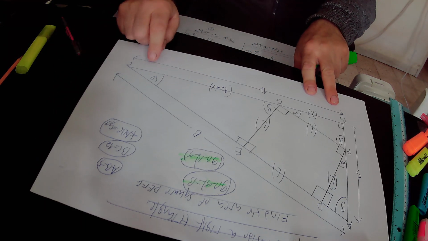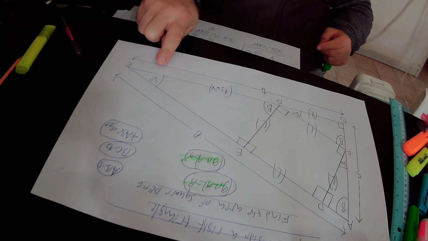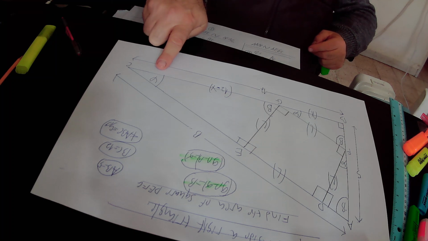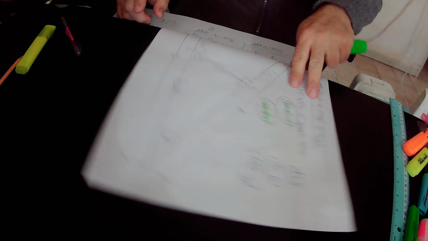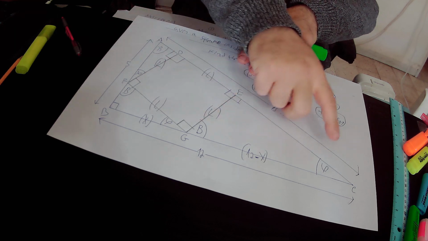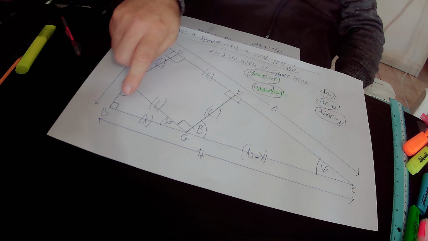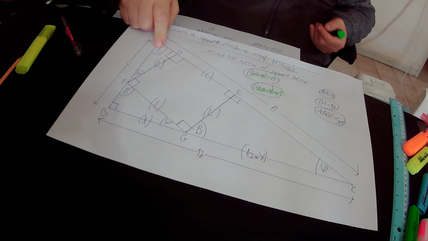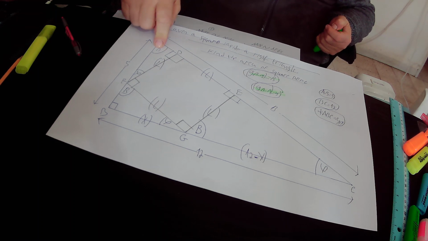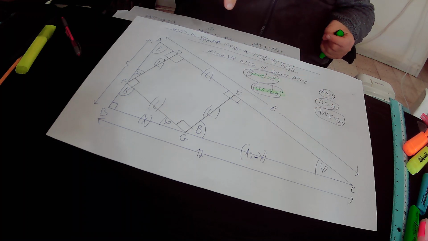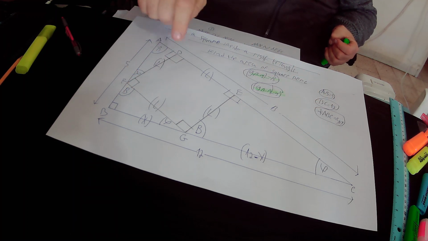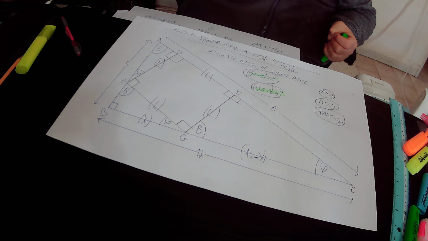Then we defined this angle ACB as alpha, and we focus on the right triangle ABC. In the right triangle ABC, this angle equals alpha, this angle equals 90 degrees, therefore the missing angle must be equal to 90 degrees minus alpha. Why? Because 90 degrees minus alpha plus alpha is 90 degrees, and 90 degrees plus 90 degrees is equal to 180 degrees, that is the sum of the angles in any triangle.